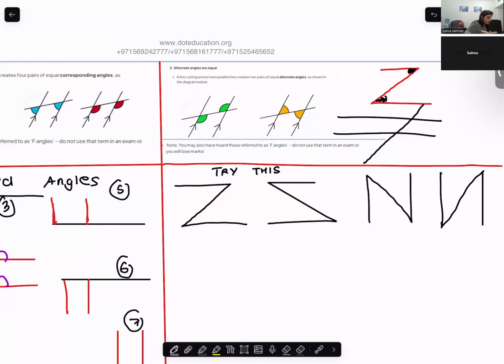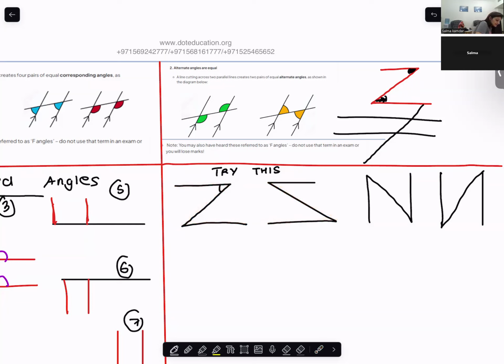Now from the transversal, I want you to spot pairs of alternate angles. Now, we've looked for the Z shape angles. I hope you've spotted them. If you see, I have made two Zs, a vertical Z and a horizontal Z. When it's a horizontal Z, I have made one Z with the angle at the right, and one Z with the angle at the left. So these are Z shape angles.